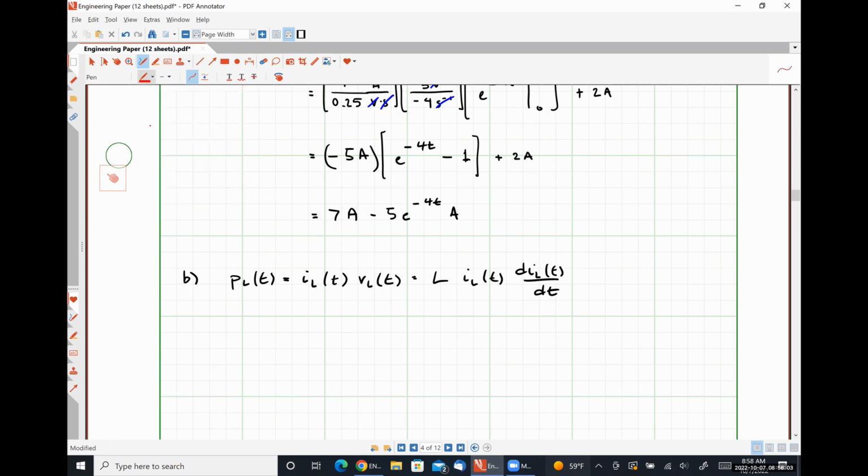So should we use the representation of power that I've underlined in red, or the representation of power that I've underlined in blue?